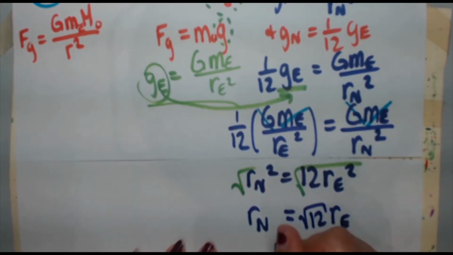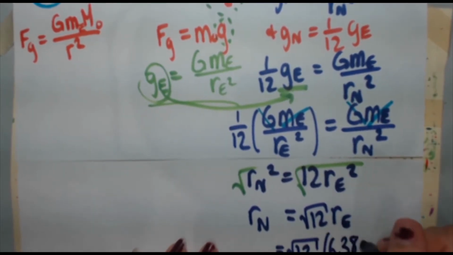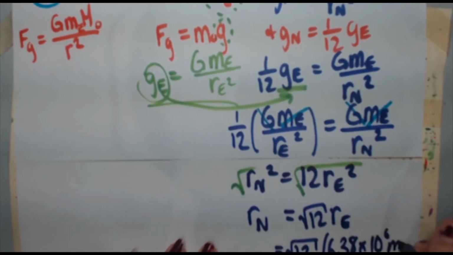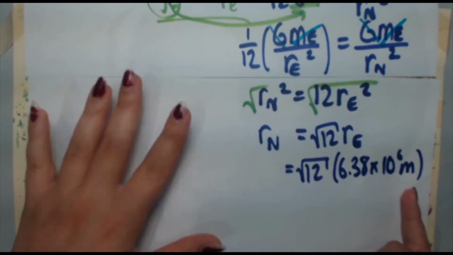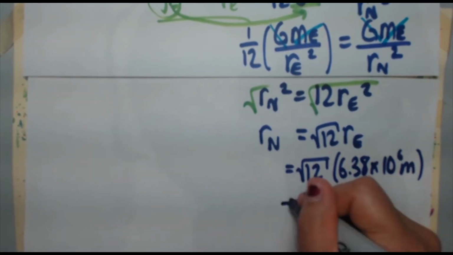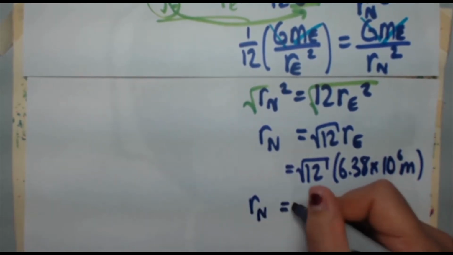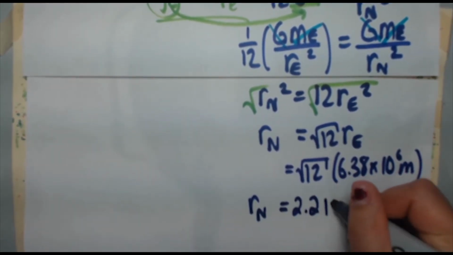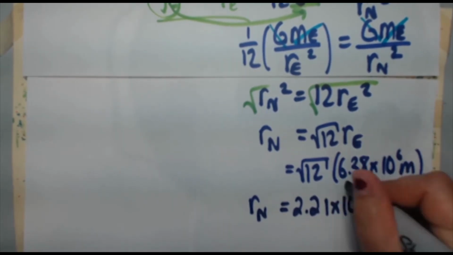Now plug in your values. Root 12, the radius of the Earth is 6.38 times 10 to the 6 meters. As I mentioned in video 88, if you don't have that number memorized, I would do it. After all, you are going to be doing enough problems that you'll inherently memorize it, but regardless, it lets you do problems a lot faster if you already know it. When you plug in those numbers, you're going to get 2.21 times 10 to the 8 meters.